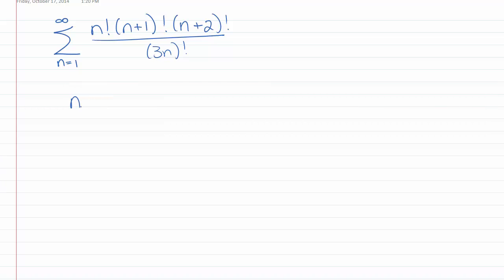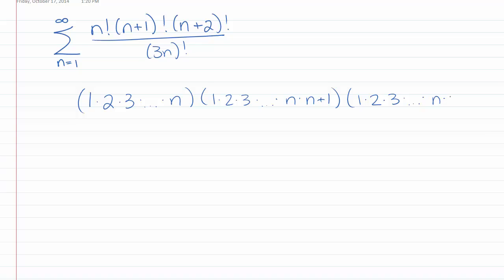So n factorial is going to be 1 times 2 times 3 all the way up to n. And then n plus 1 factorial is going to be 1 times 2 times 3 times all the way up to n times n plus 1. And then n plus 2 factorial will be 1 times 2 times 3 times ... times n plus 1 times n plus 2.